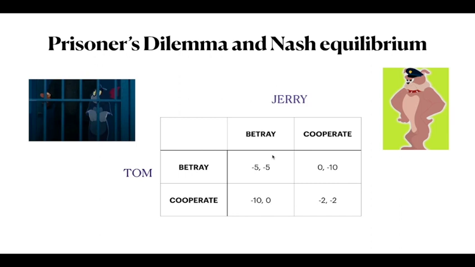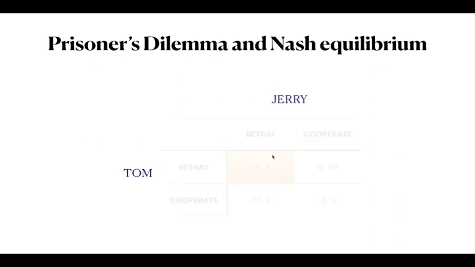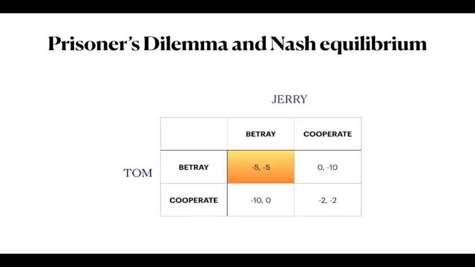And this stable state is called the Nash equilibrium. And the rationale is that even though the cooperative state appears to be giving us a better payoff, that is just 2 years in prison each, and it is the right thing to do, this state happens to be unstable because both of them have an incentive to change their strategies.